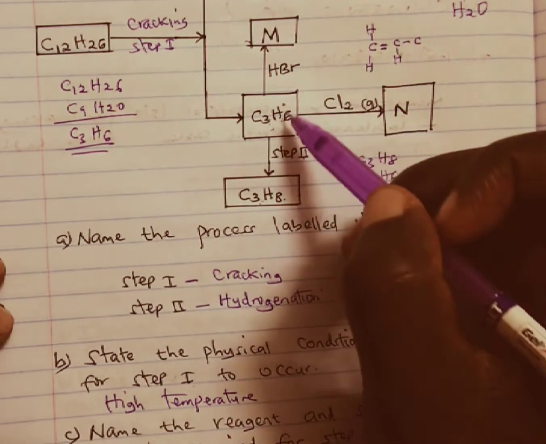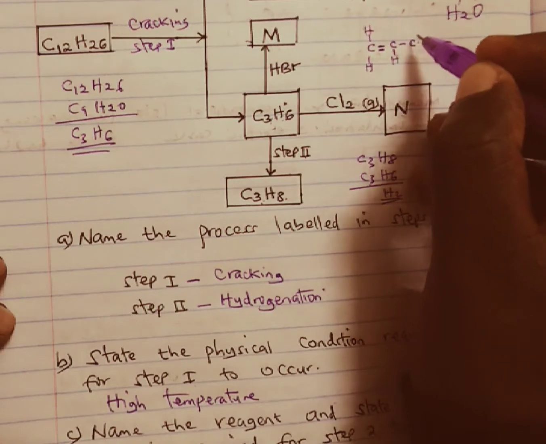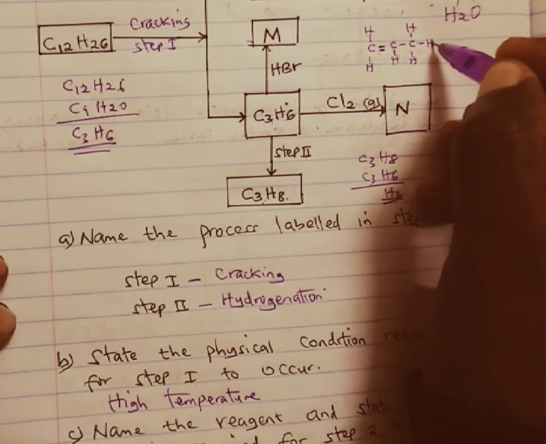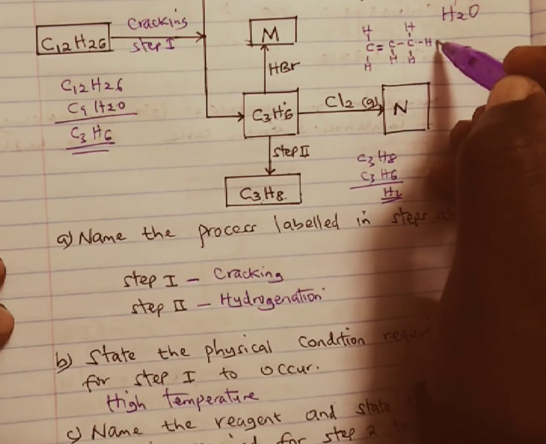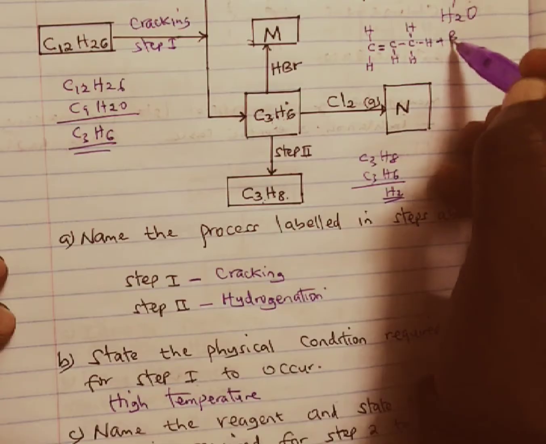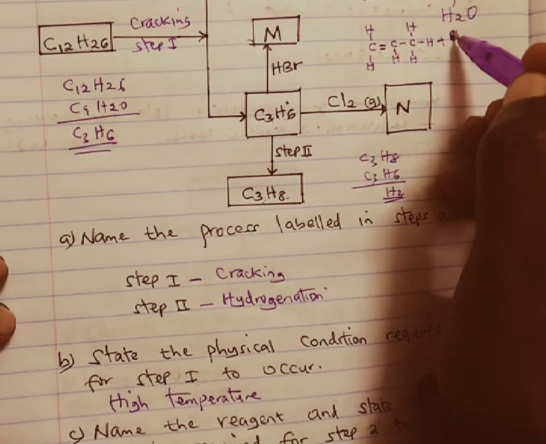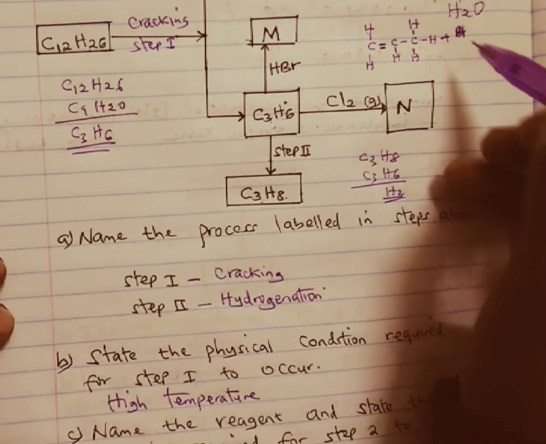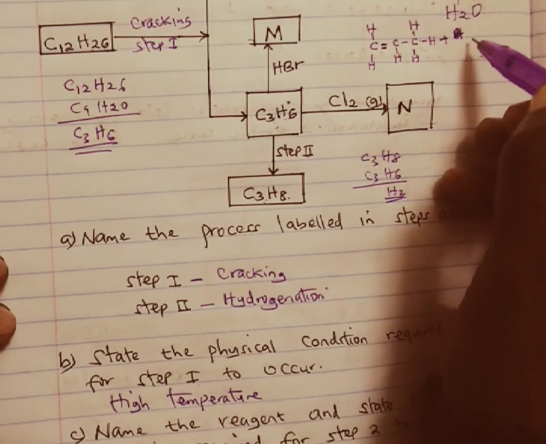Remember we have 6 hydrogen atoms. We are going to react this with hydrogen bromide.